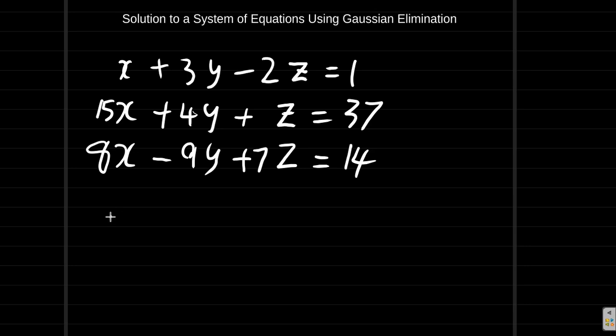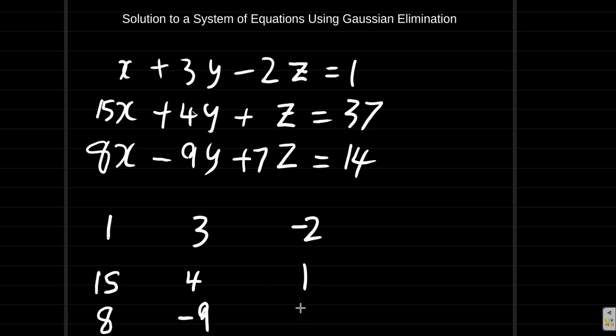It's 1x, that's 1, plus 3y, that's 3, minus 2z, that's negative 2. Then you have 15 plus 4y plus 1z. And you have 8x. Negative 9 will be here. And 7 will be here. See that?